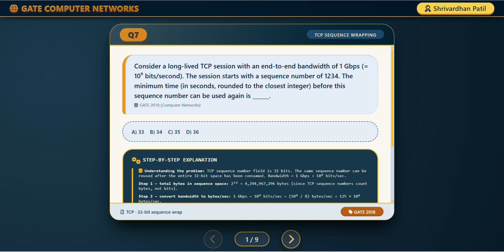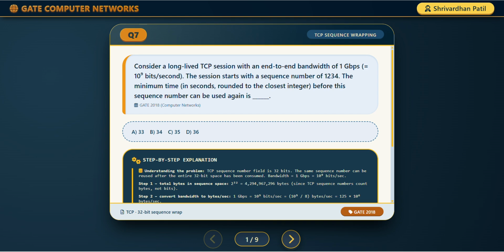So basically, this question tells us about a sequence of numbers which are 32 bits wide. Assume a transmission rate of 1 Gbps, which means gigabit per second. We need to calculate the minimum time before the sequence number wraps around. Firstly, understand what wraparound means.